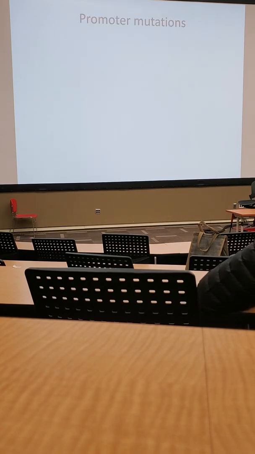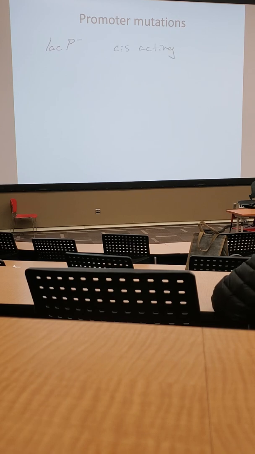So the last place we haven't looked is at the promoter. So this is another mutation that's cis-active. The promoter is what's recruiting RNA polymerase to a specific DNA locus. So it can't interact with other chunks of DNA.